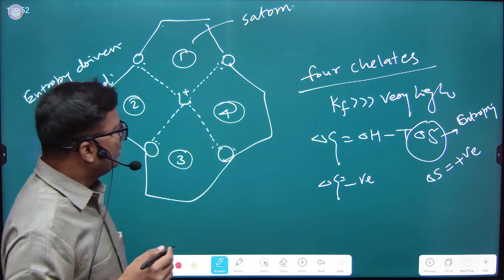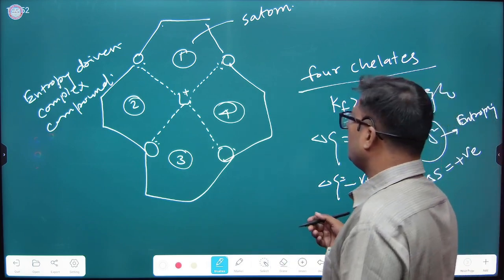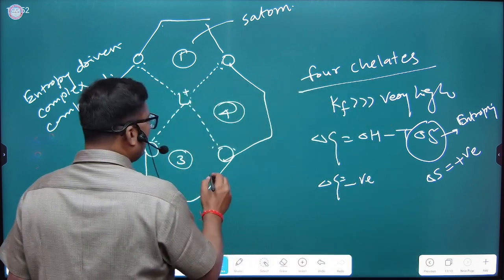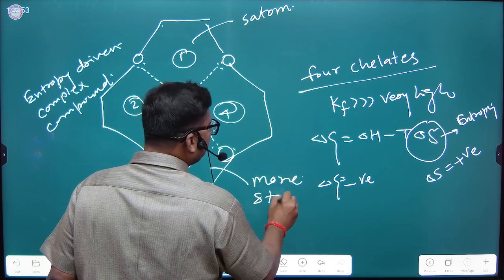So binding energy would be very high, and which gives much more stability to the system. More stable complex.